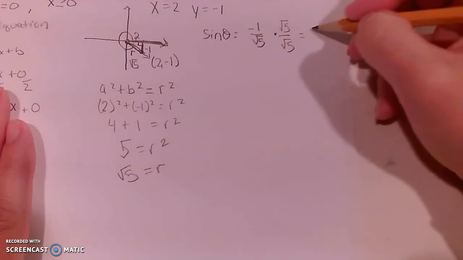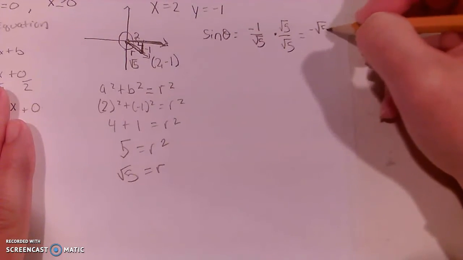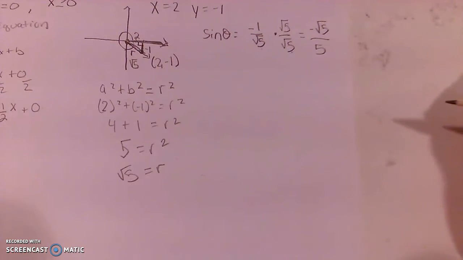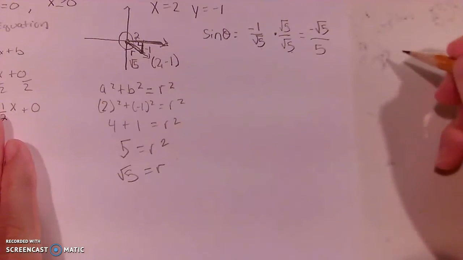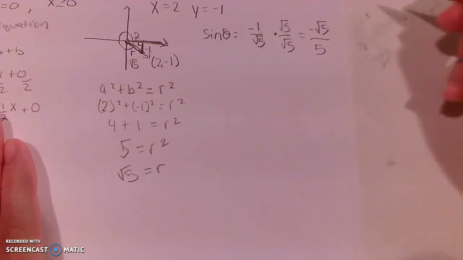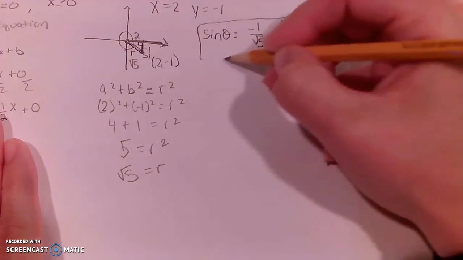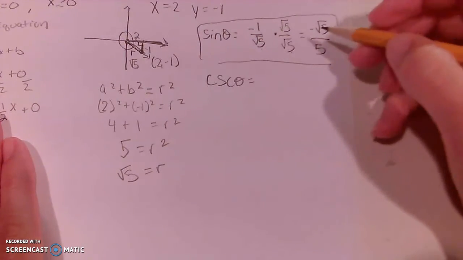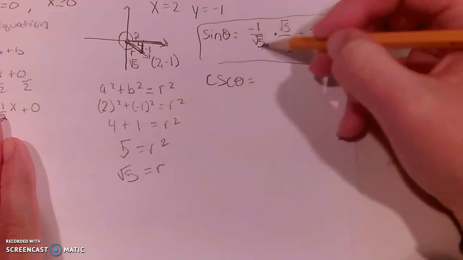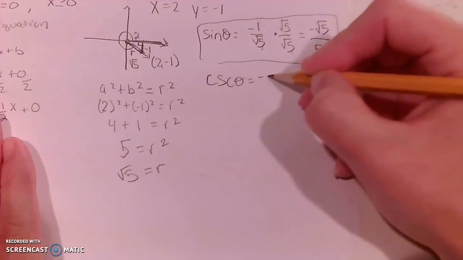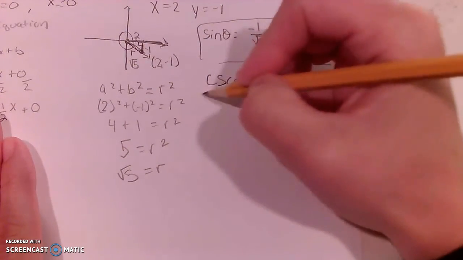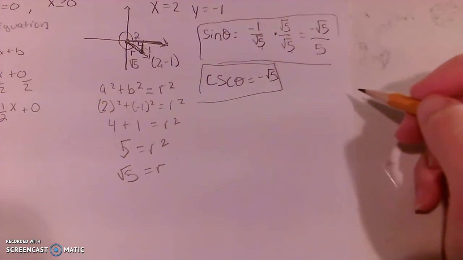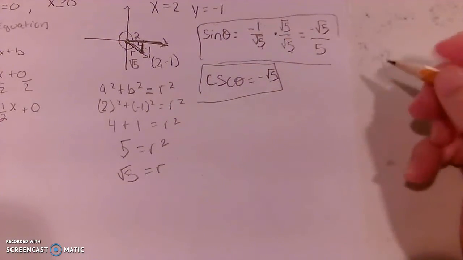Negative 1 times root 5 is negative root 5, over root 5 times root 5, which is 5. That's how you get rid of the radical in the denominator. So the sine of theta is negative root 5 over 5. Cosecant of theta is the reciprocal of sine. So you're just going to flip the top and the bottom. It's still negative. Root 5 over 1 is just negative root 5. Cosecant is the reciprocal of sine. That's very easy.